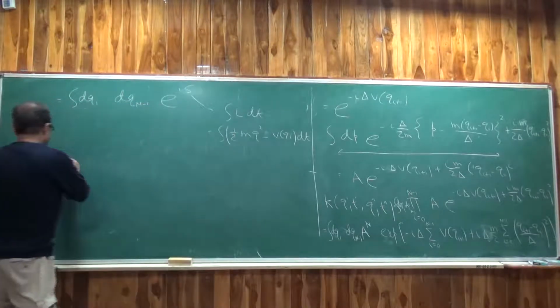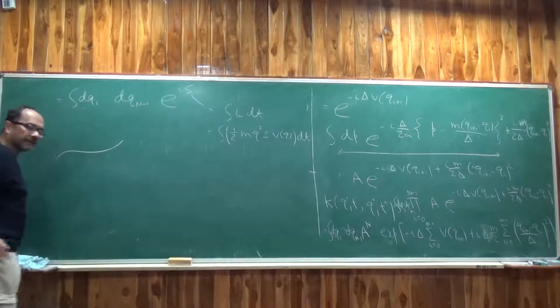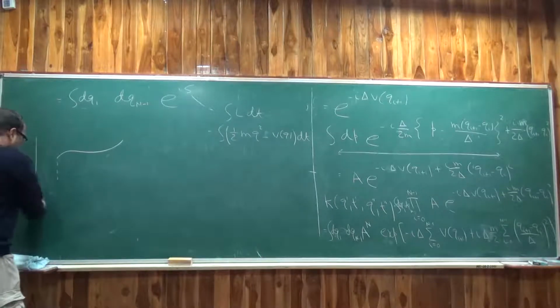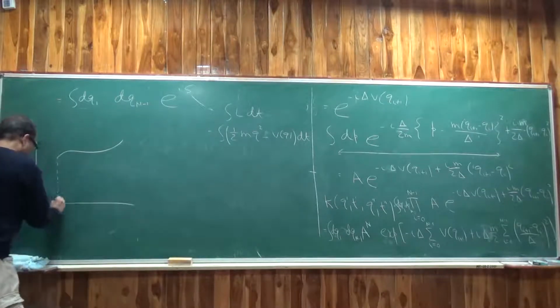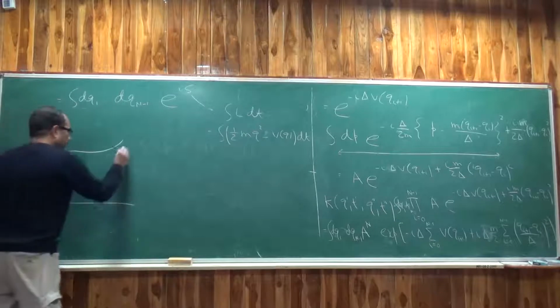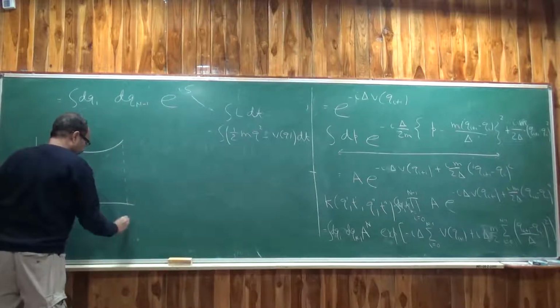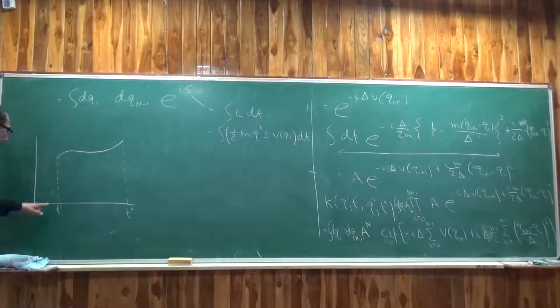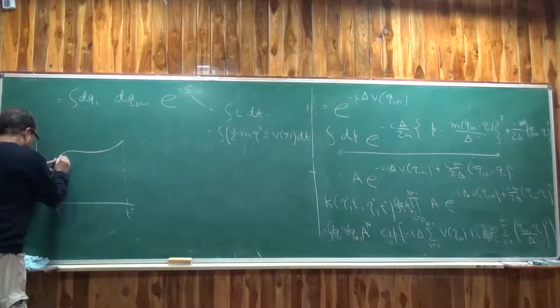So suppose this is a path. This is my t prime. This is t double prime. Now let's divide this whole interval into size delta.